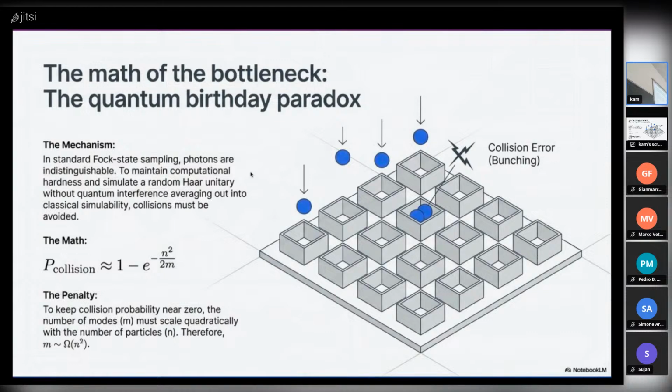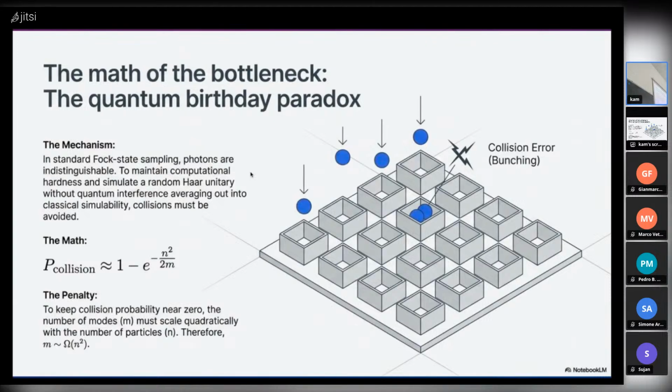So you need to either increase your number of modes or decrease your number of photons to avoid two photons in the same mode, like two persons with the same birthday. But it's a technical one in the proof of the quantum advantage.